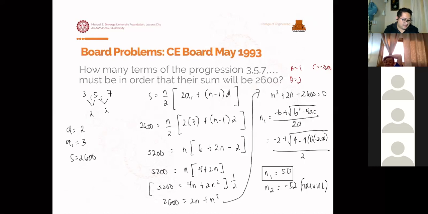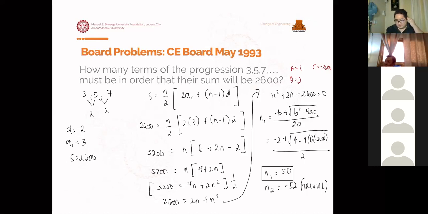Tapos, yung para sa quadratic ay 3. Tapos, i-input nyo po 1 equals, 2 equals, negative 2,600. Yung lalabas sa sagot ay 50 tsaka negative 52.